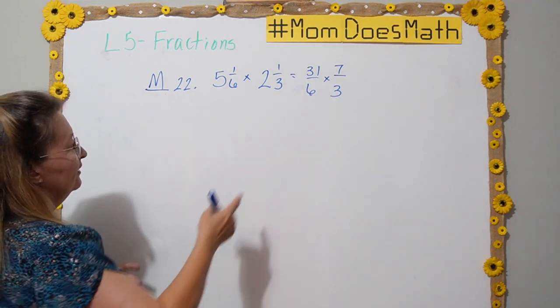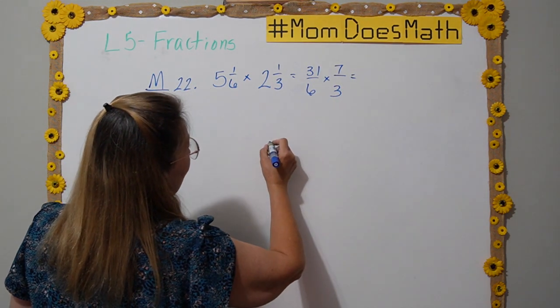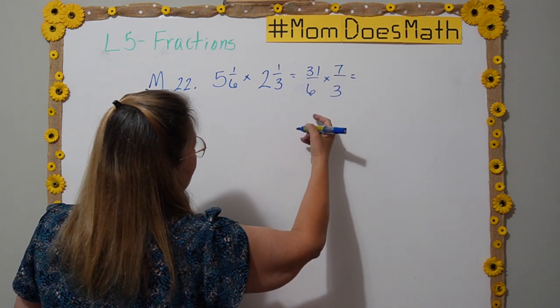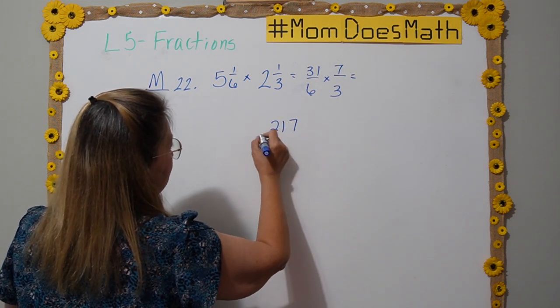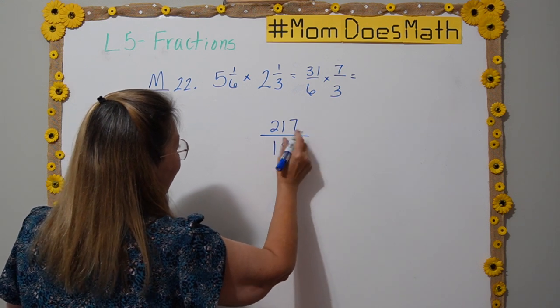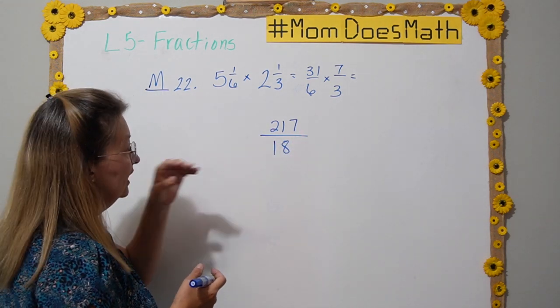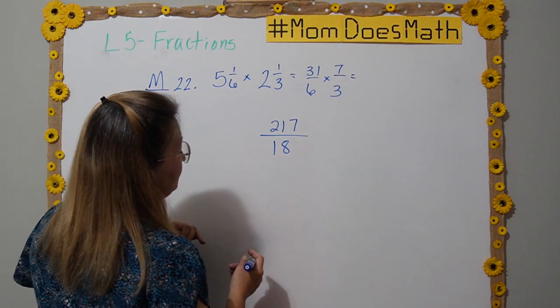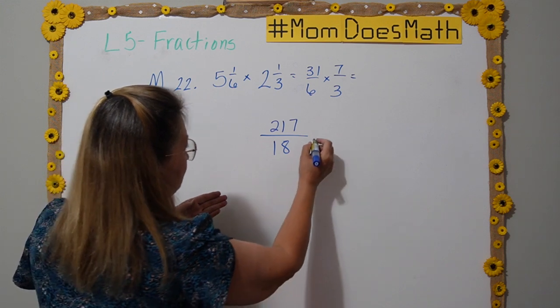All right, I don't see anything that I could go ahead and cancel down, so I'm just going to multiply. 7 times 31, well, 7 times 1 is 7. So it's going to be 217/18, and there is not a number that will reduce those down. If I want to change it to a mixed number, how many times will 18 go into 217?